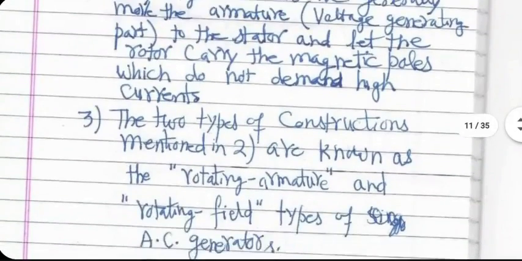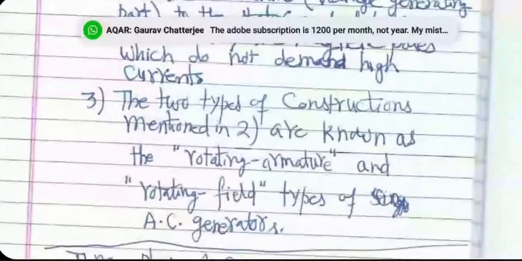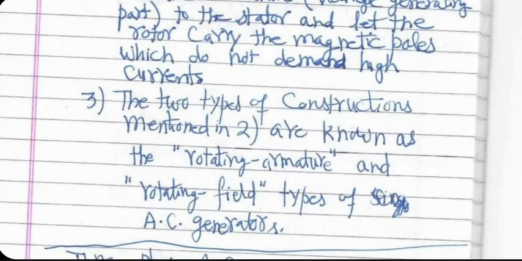The two types of constructions mentioned are known as rotating armature type and rotating field type. Okay. Rotating armature versus stationary armature. Or you can say rotating armature versus rotating field. That's another way of saying the same thing.